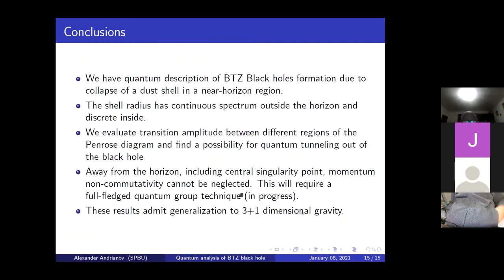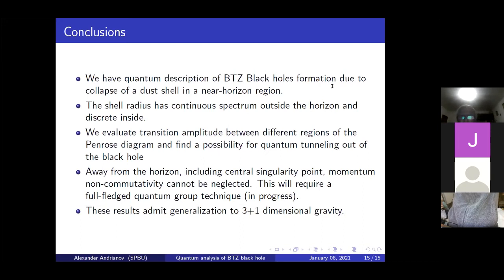So, conclusions. I hope I am in time. We gave a quantum description of BTZ black hole formation due to collapse of a dust shell in the near-horizon region. The shell radius has a continuous spectrum outside the horizon and discrete inside.